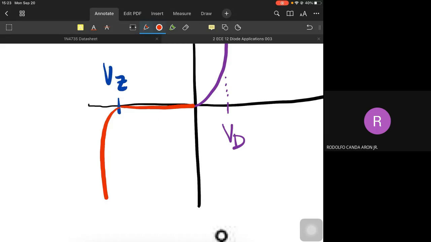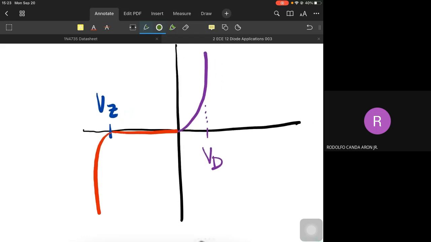But if this is a regular diode, regular junction diode or rectifier diode, once ma-reach ang VZ and na current mag-flow, automatic, magguba si diode. Okay? Buto. Kadigid siya ng buto na masunog lang. Ayan na. If it is a regular diode.